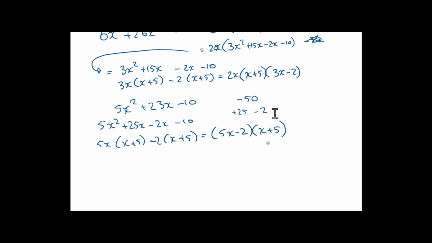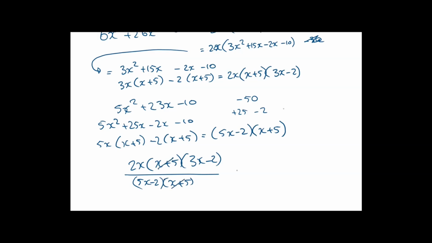All right, so now let's combine those together. 2x, x plus 5, cool, that's going to go, 3x minus 2 over 5x minus 2, x plus 5.